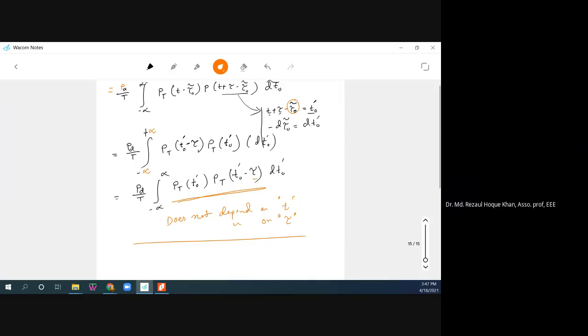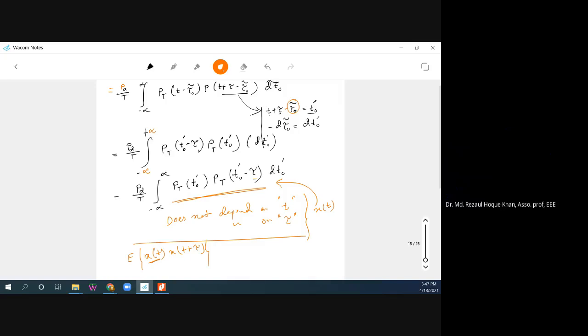Now this expression, E[x(t) x(t + tau)], this is actually our x(t), guys. Now we can say this x(t) does not depend on t and only depends on tau, which means it now becomes a time invariant system.